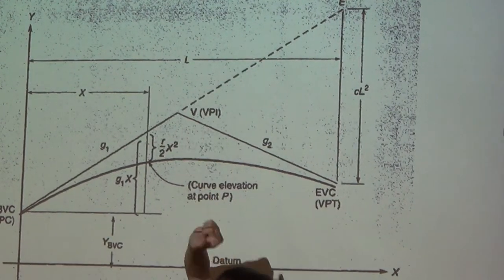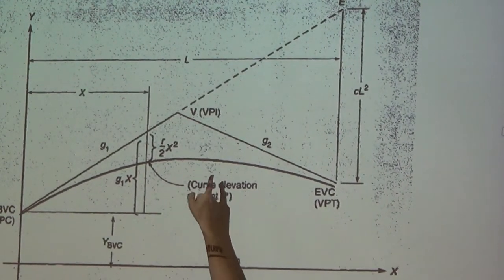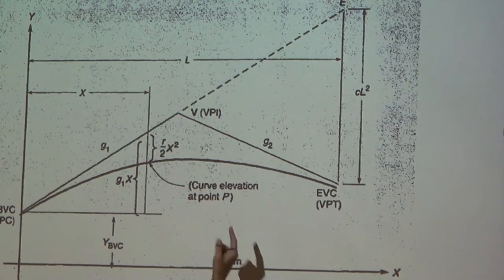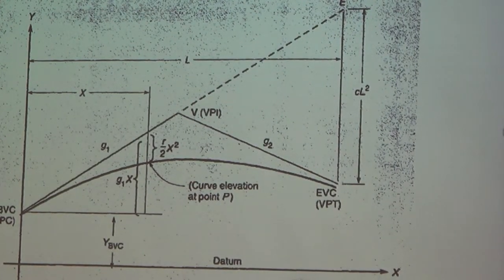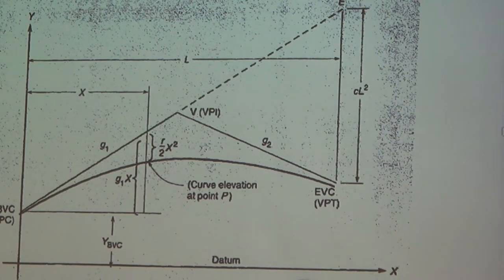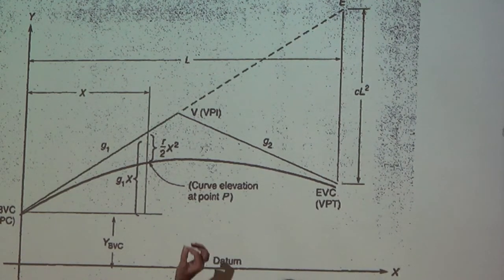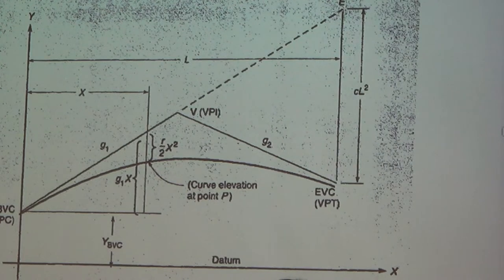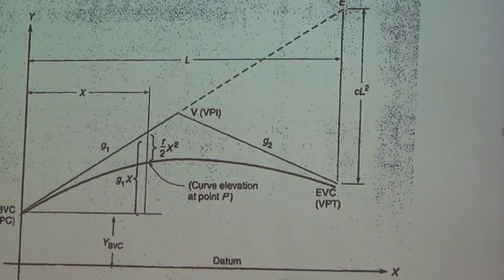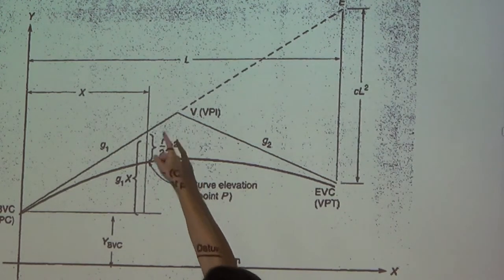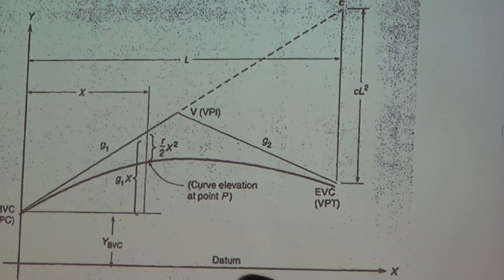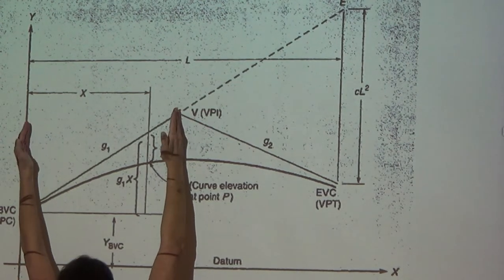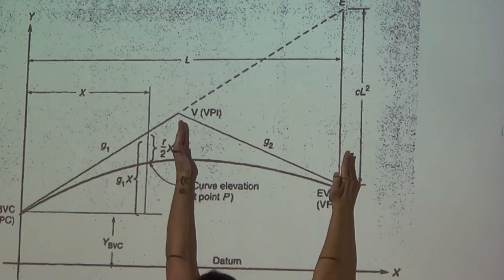Vertex. Now, what is different between the vertex in surveying and the vertex of a parabola? What is the vertex of a parabola? It's the highest point on a parabola. Is the vertex here the highest point on the parabola? No, it actually is the center point, because we are only doing vertical curves where this is L over 2 and this is L over 2.